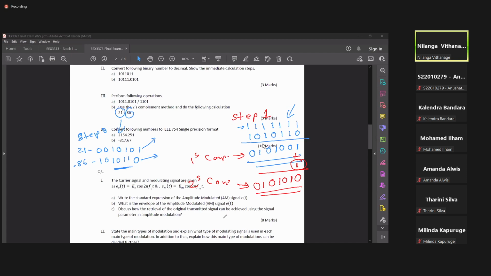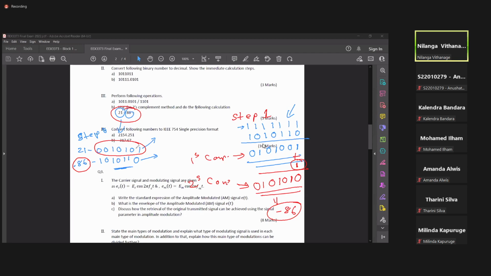Then step 3, you have to do the calculation. But here we already took minus 86. When you get the 2's complement value, this is the 2's complement value of minus 86, right? Not plus 86. This is minus 86. Then you can directly add this one to this value.